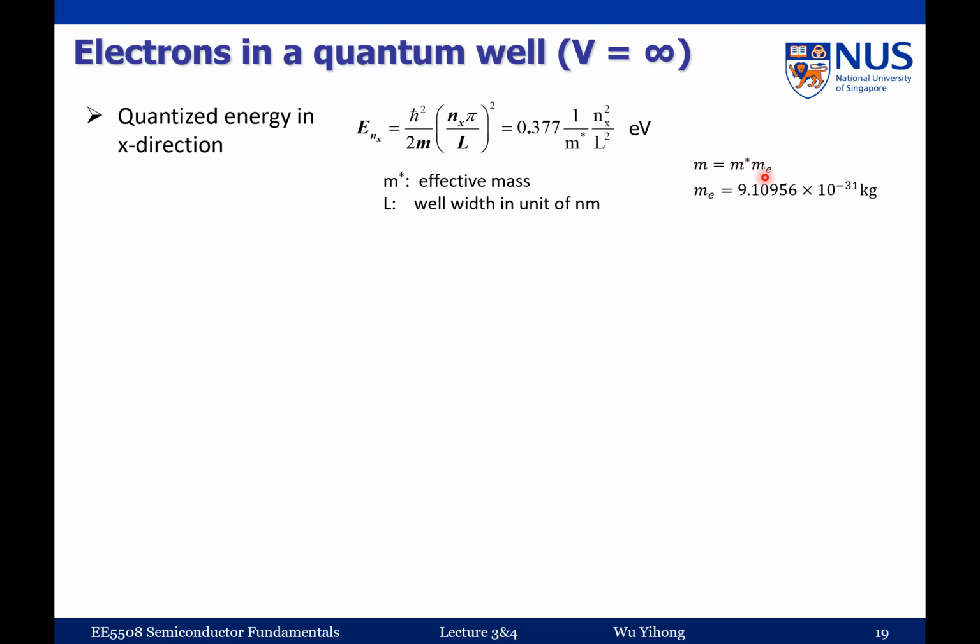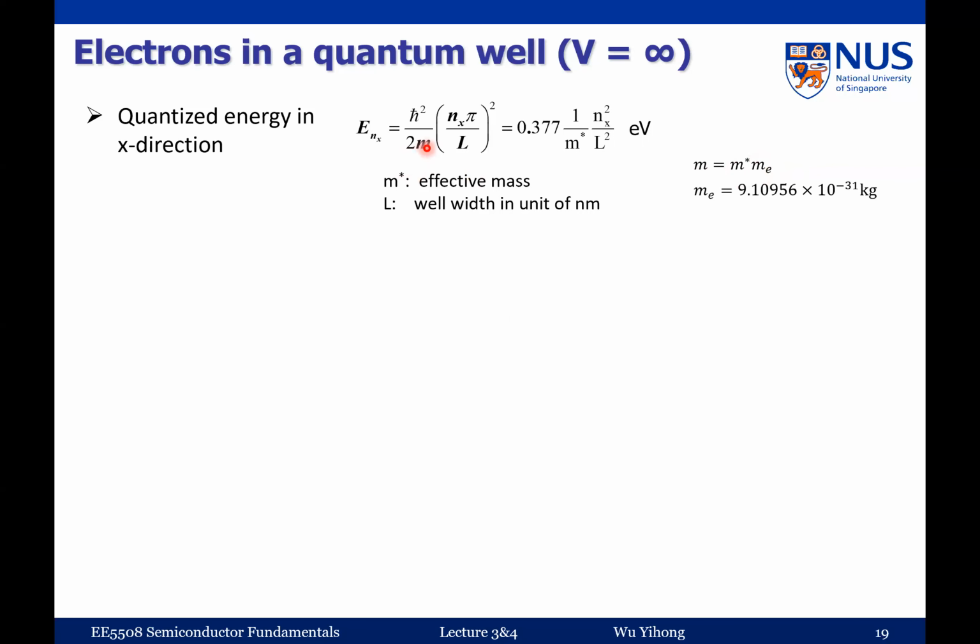The effective mass is dimensionless, it's just a number, multiplied by the free electron mass. The free electron mass is a fundamental physical constant. So whatever electron mass you have, you can express it as a product of a dimensionless number, which is called the effective mass, multiplied by the free electron mass.